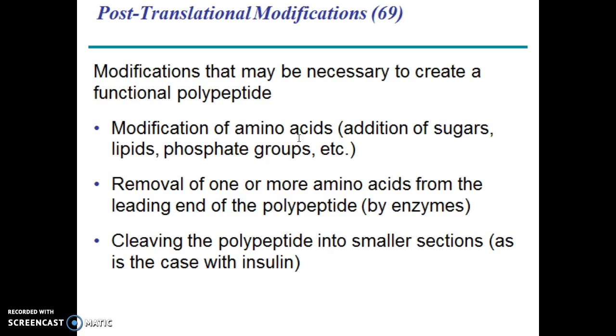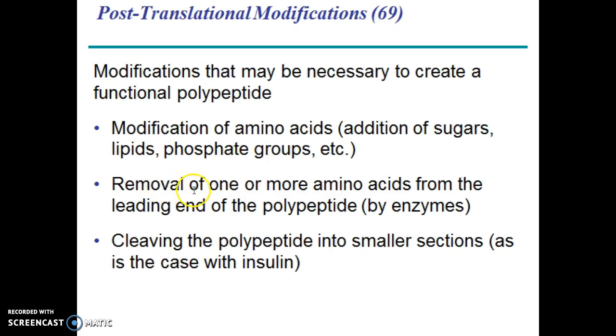Sometimes we need to modify or change those a little bit. So we might need to add on a sugar, a lipid, or a phosphate to an amino acid. So we might actually need to change certain amino acids so that they function the way that they're supposed to. And it just happens. There's nothing that needs to be thought about or done.